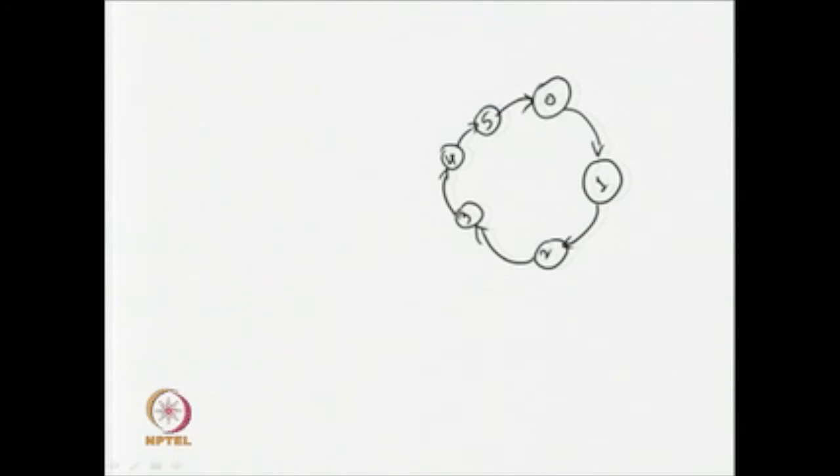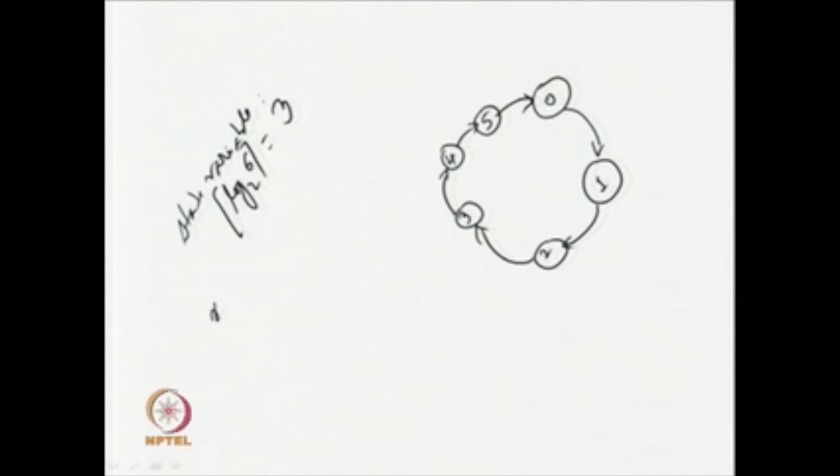That means, how many steps are we having? 6 steps. That means, how many state variables will be needed for it? This is log 6 to the base 2, ceiling. So, that means, we need 3 variables.